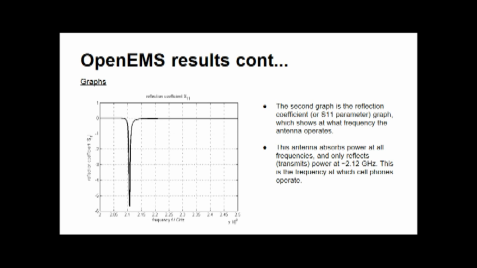It calculates the frequency at which the antenna is operating, and as you can see here it dips down, which means at 2.12 gigahertz all the power is transmitted rather than reflected, and that's the frequency of operation of our antenna.